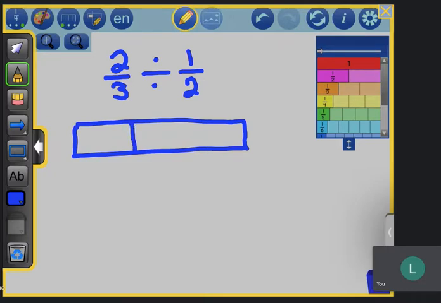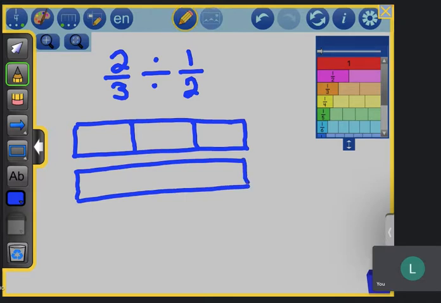Because there are some tricks you could use. And my second model. And we're going to use those tricks the best we can, right? So I have 2/3 divided by 1/2. I'm going to split this in halves because my denominator is 2 and I know that I have halves.